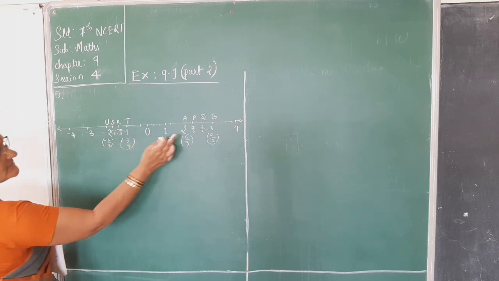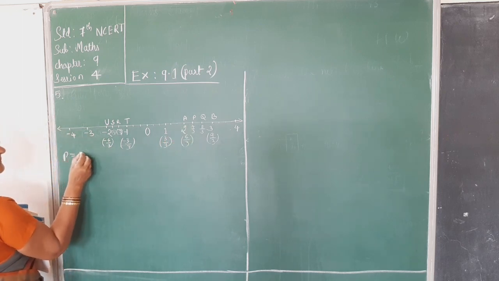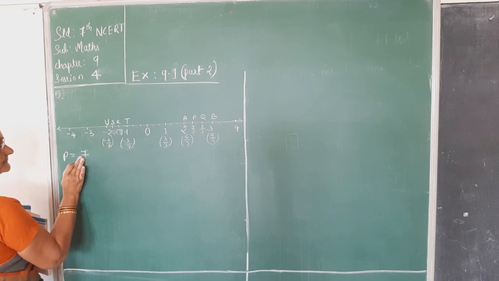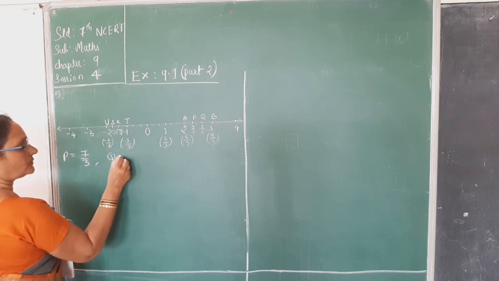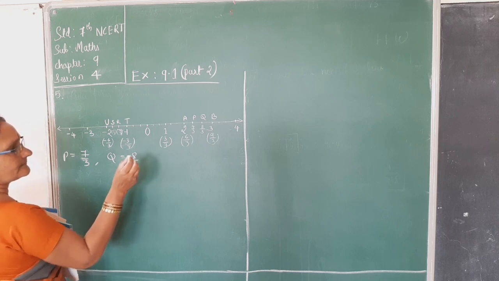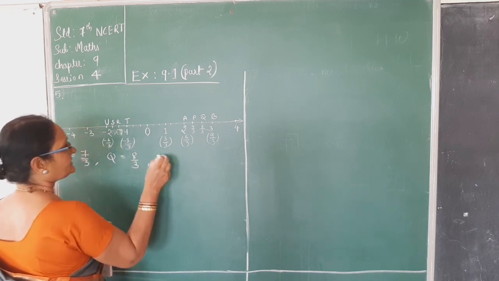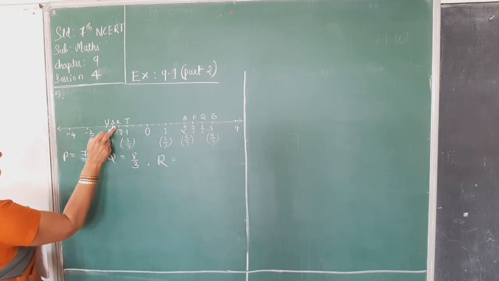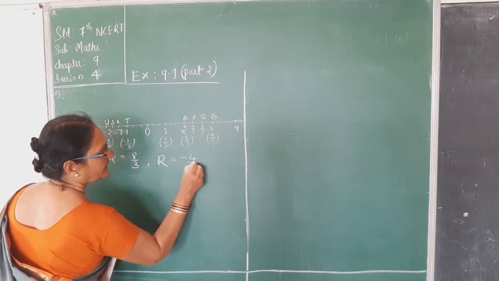Where is P? P is here. How much is P? P is equal to 7 by 3. Then what about Q? Q is equal to 8 by 3. Then we also have to name R. Where is R? R is here, -3 by 3, and this is -4 by 3.